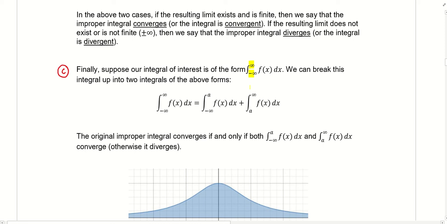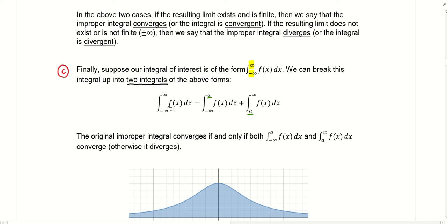So what we do in this case is we actually break our integral up into two integrals, specifically where one of them involves our lower limit of integration. So one of them is negative infinity to some constant a, and then the other one takes up where we left off, so goes from a to that upper limit of integration, positive infinity.